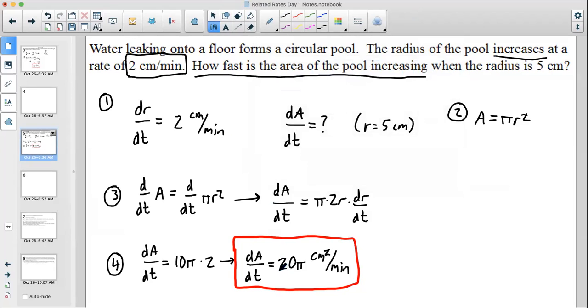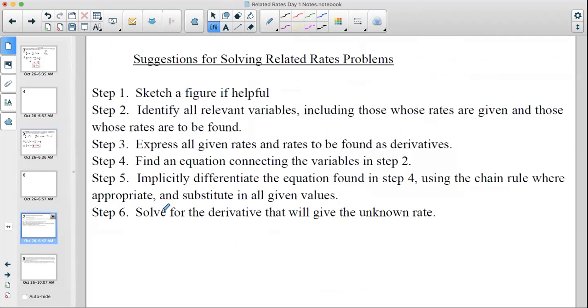So that's how we do these. Write down the things we're given, write down an equation that relates the rates, take derivatives with respect to time, plug in the things we're given, solve for what they were asking us to solve for. And here is a 6-step process because they added this sketch a figure, which we kind of did.